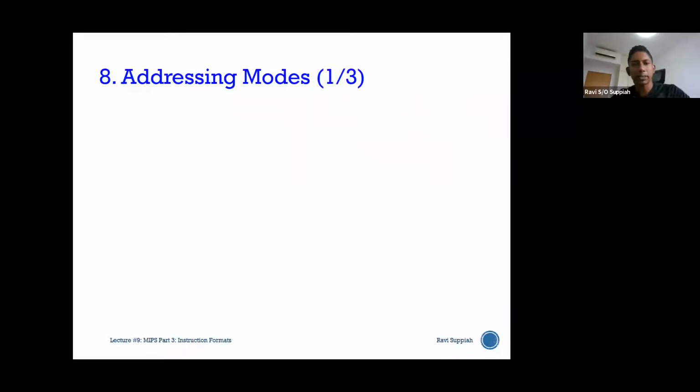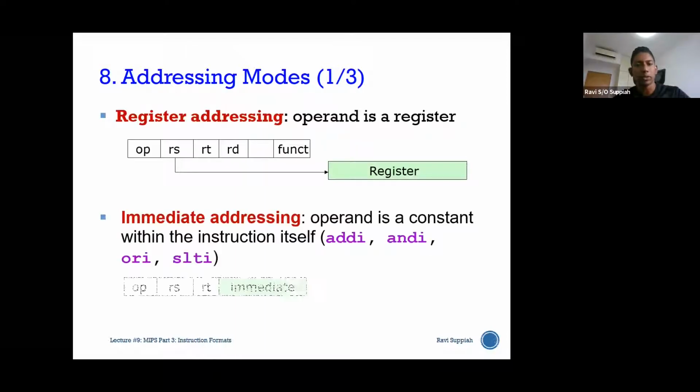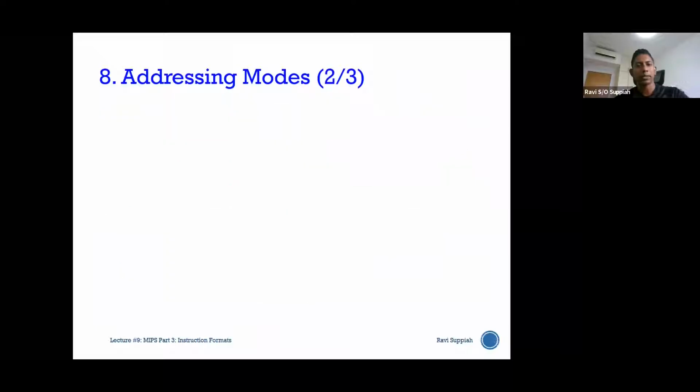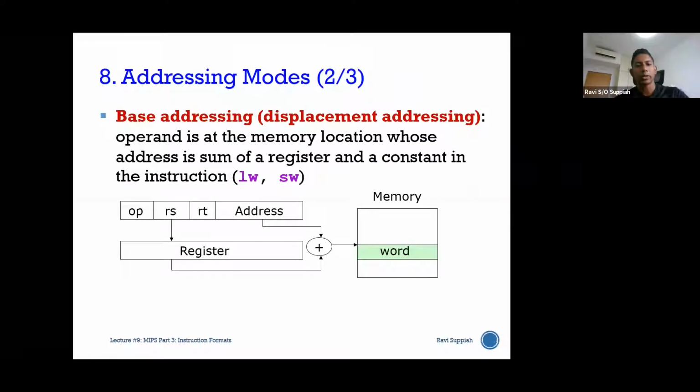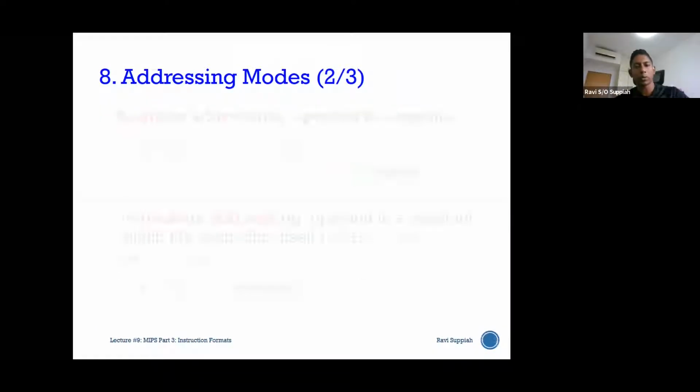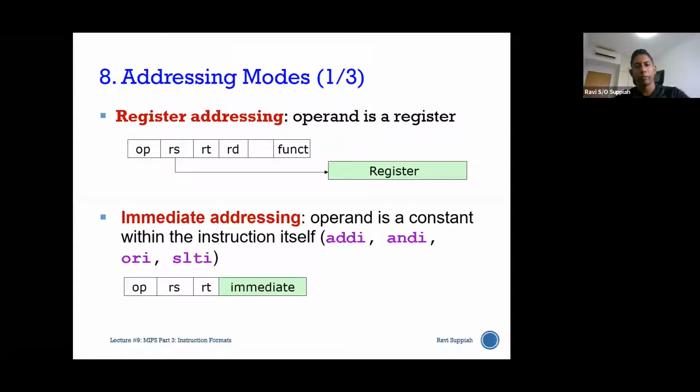So that basically sums up the jump instruction. This is just to give you a quick review of the different addressing modes that we saw: the register addressing and immediate addressing. Register addressing is quite clear.